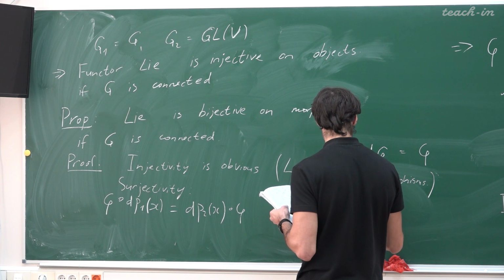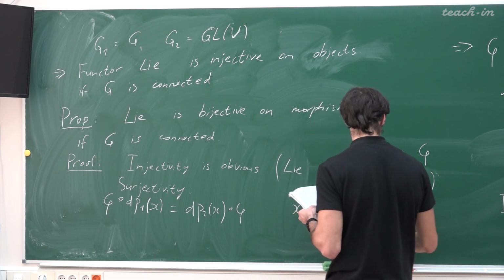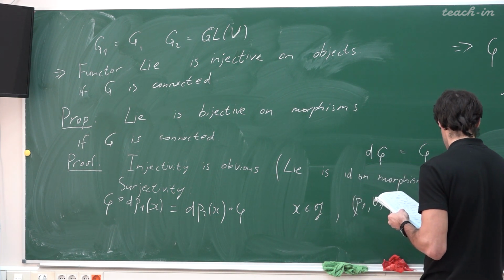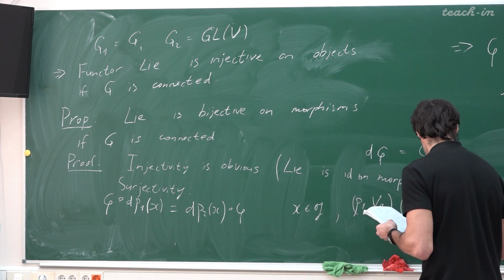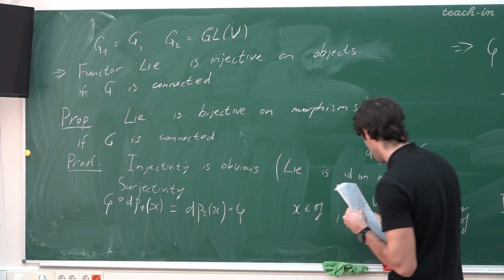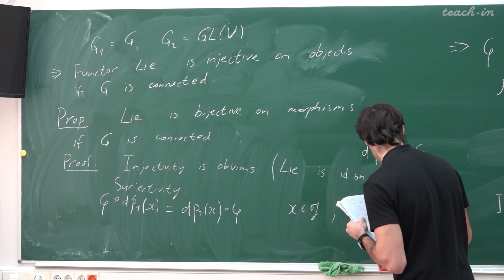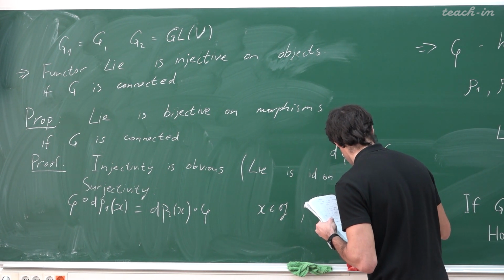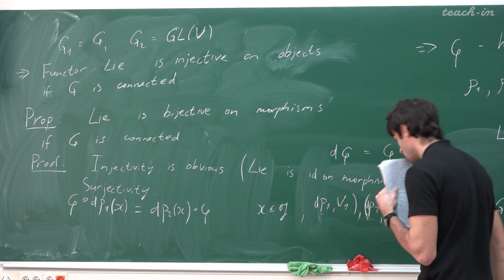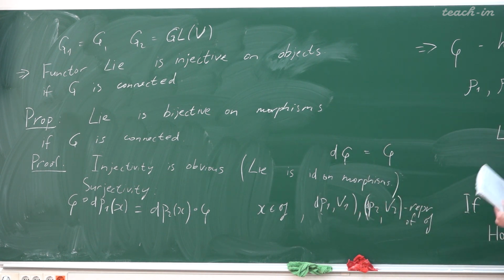Here rho 1 on V1 and rho 2 on V2 are representations of G, so d rho 1 and d rho 2.